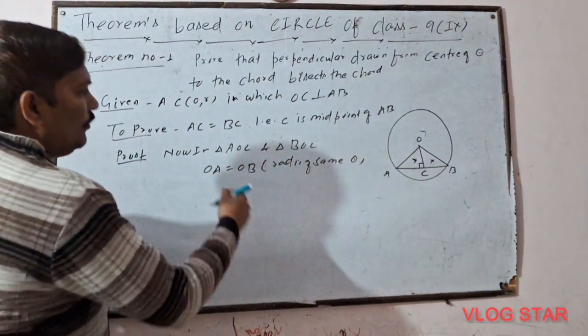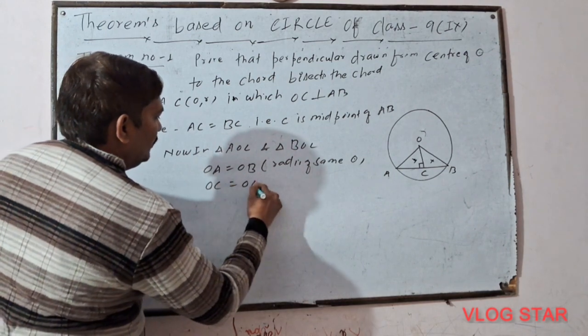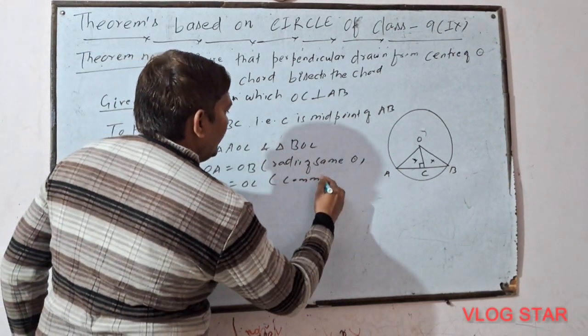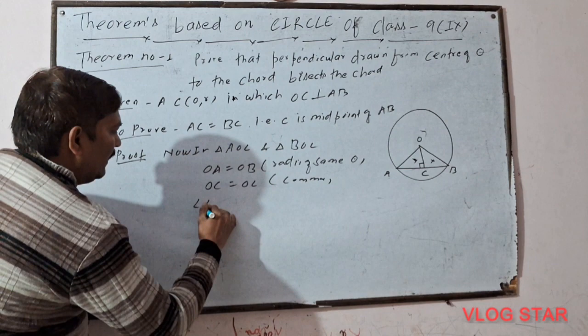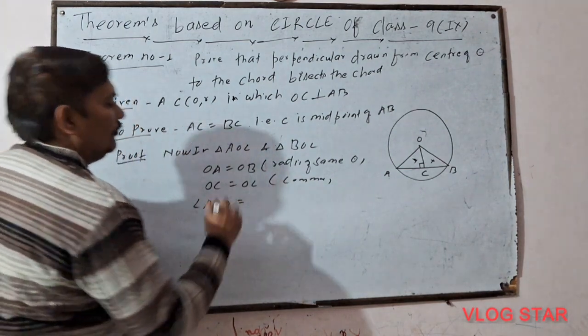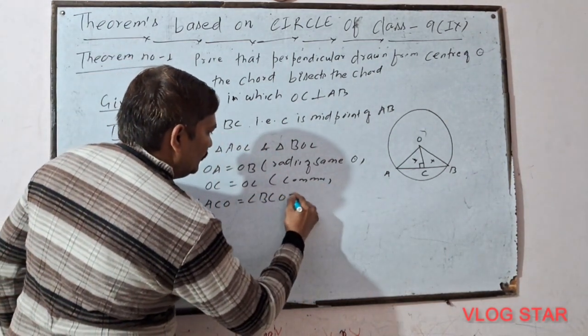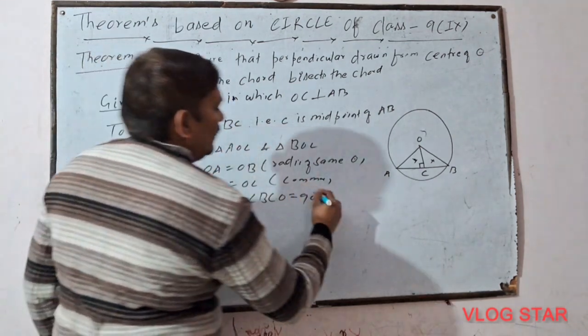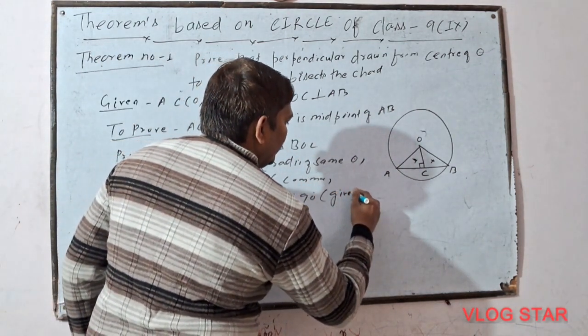OC equals OC, common, and angle ACO equals angle BCO equals 90 degrees, given.